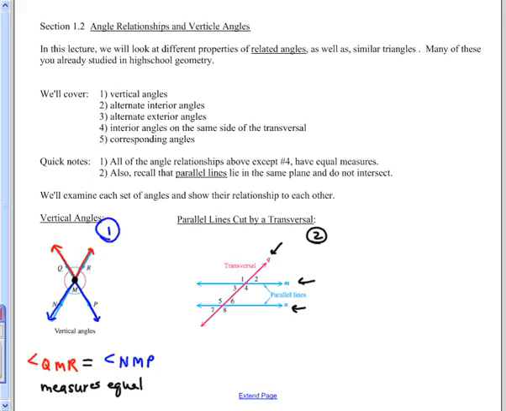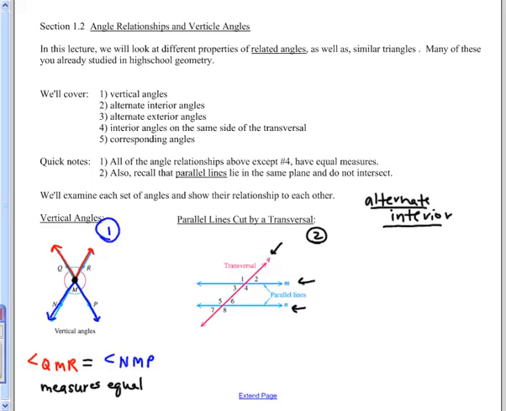The first type we're going to look at are alternate interior angles. Now, alternate, by definition, means that the angles are going to be on opposite sides of that transversal. So, for example, angle 2 and angle 3 are considered alternate, or angle 1 and angle 8 are considered alternate because they're on opposite sides of the transversal.